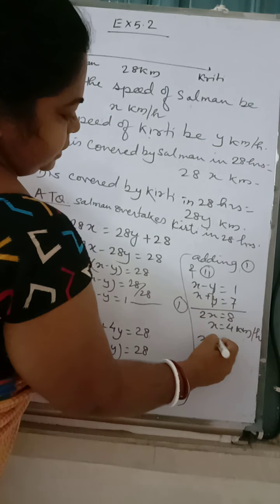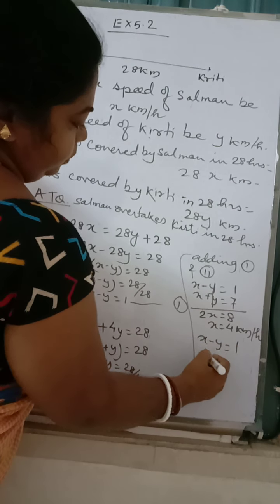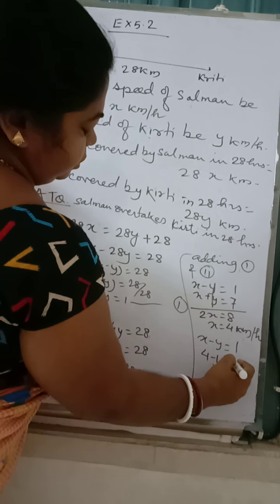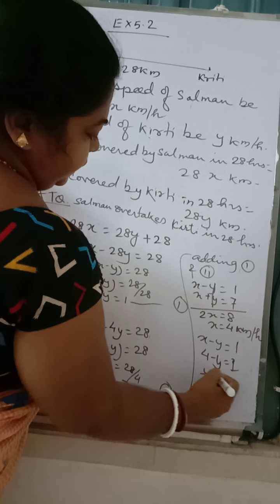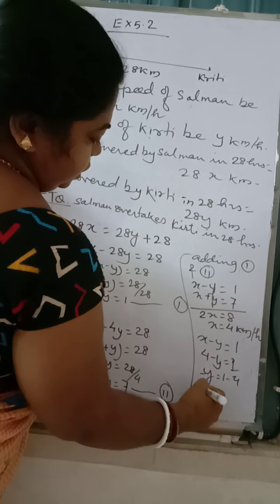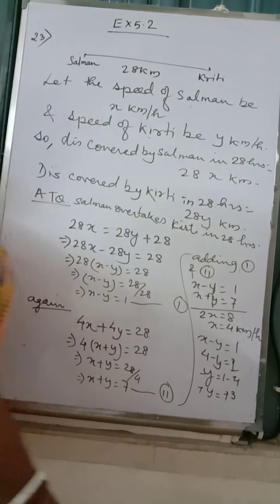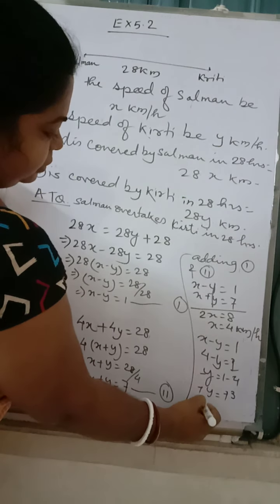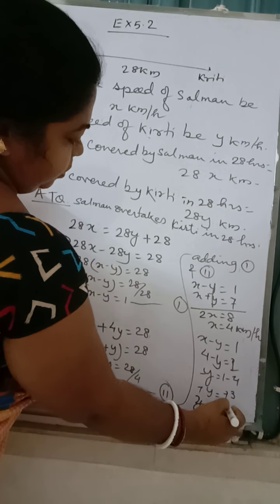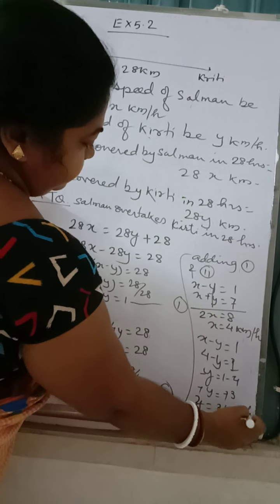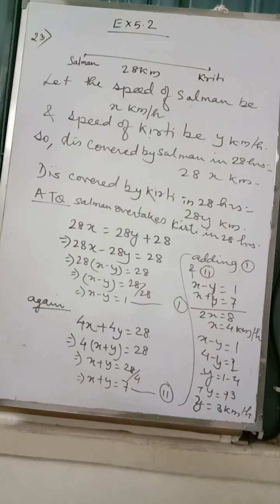Now x minus y was 1, so 4 minus y is equal to 1, minus y is equal to 1 minus 4, minus y is equal to minus 3, or y is equal to 3 km per hour. So the speed of Salman is 4 km per hour and the speed of Kirti is 3 km per hour.